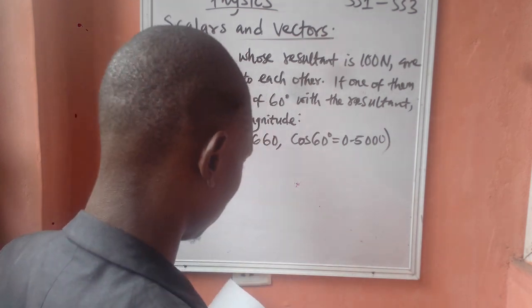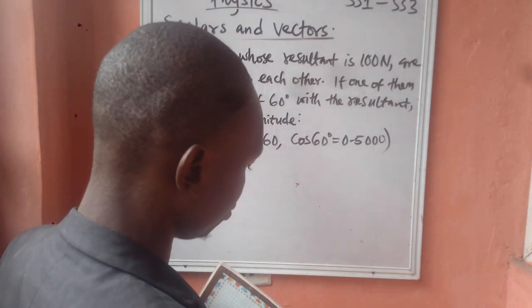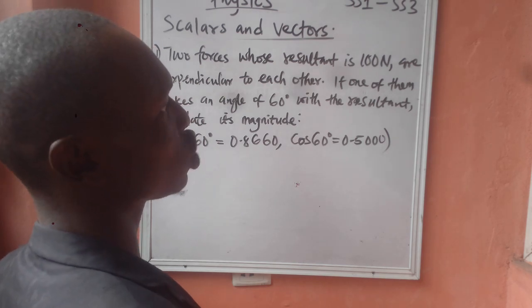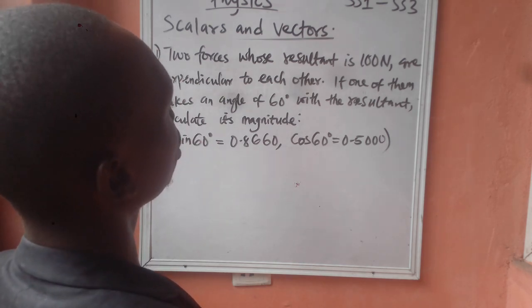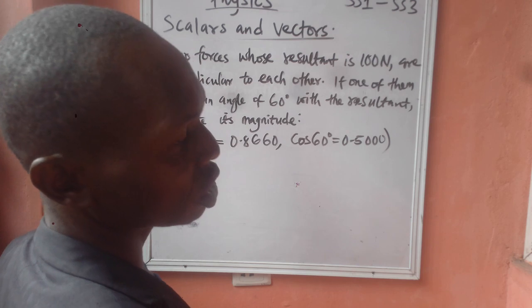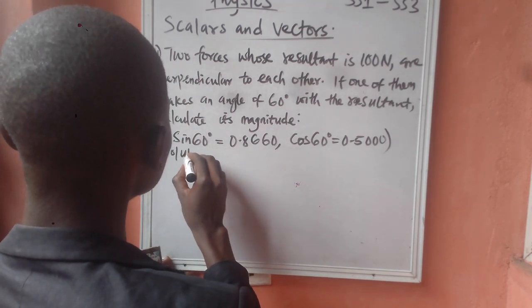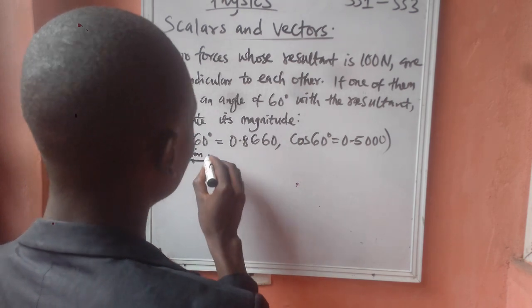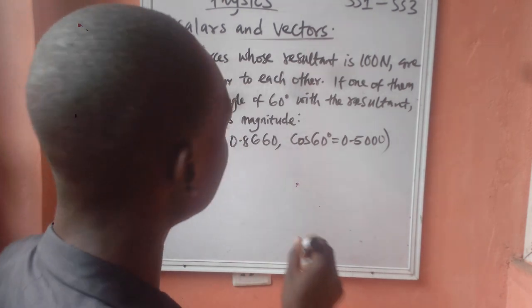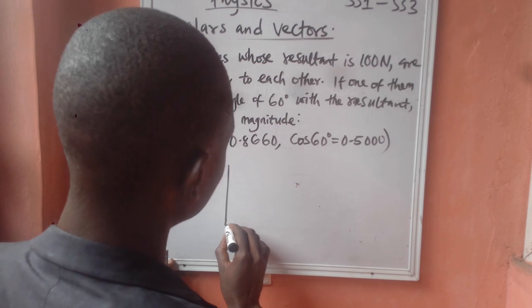Okay, now let's solve this problem. Two forces whose resultant is 100 Newton are perpendicular to each other. So for them to be perpendicular to each other means that they are inclined at 90 degrees. These are the two forces.